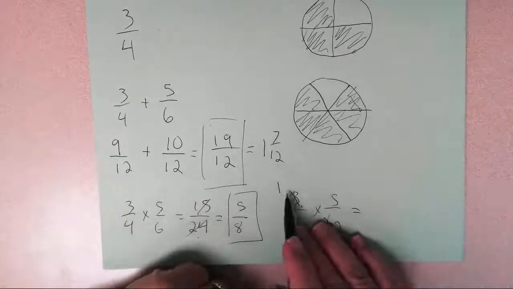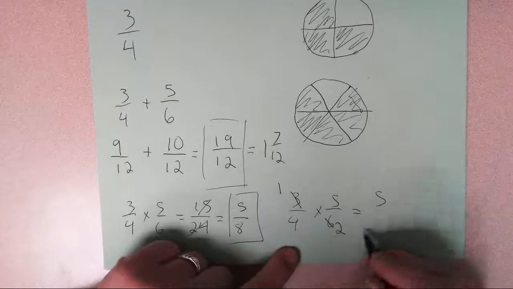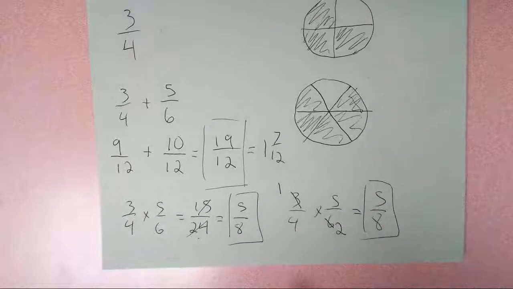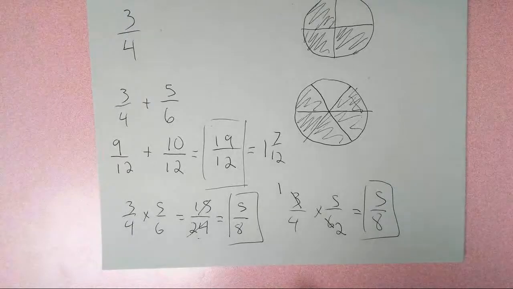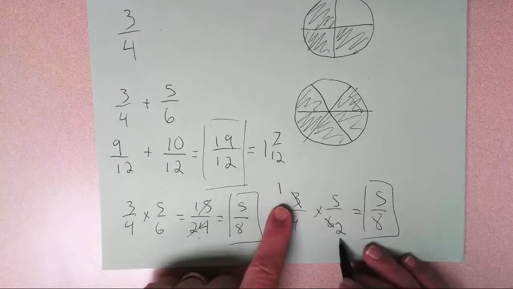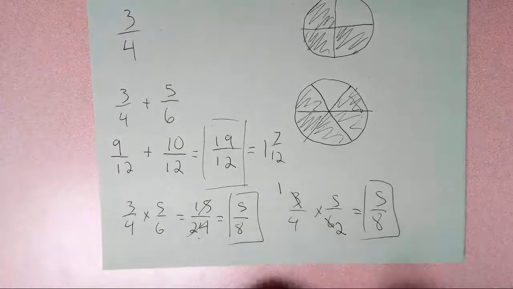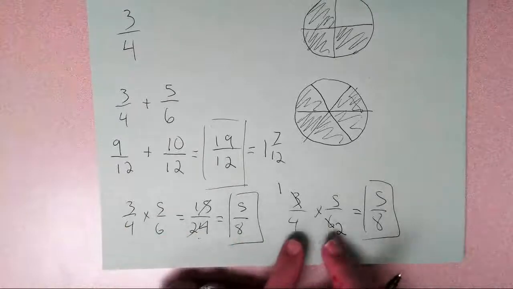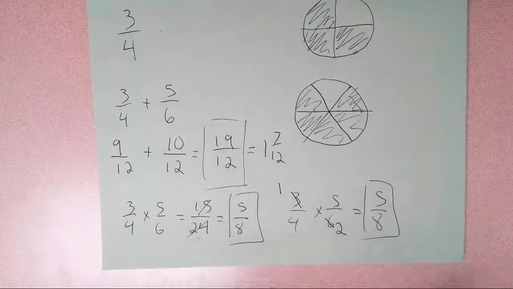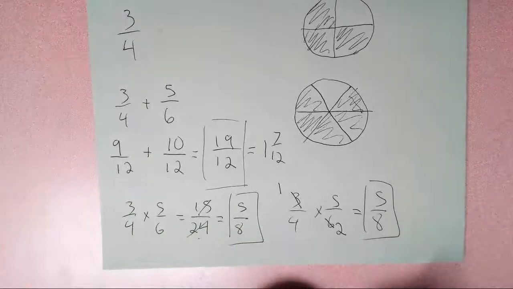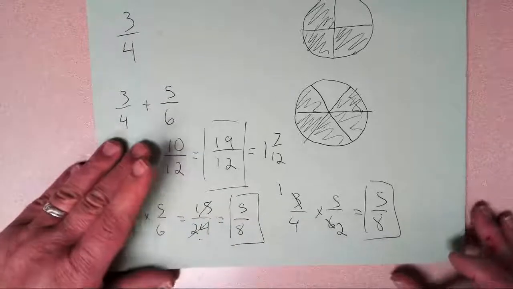Now I just multiply numerator and denominator, and I would get 5/8. In this case, by reducing it beforehand, it saves you from having to reduce it at the end. It also saves you from having to multiply bigger numbers. These numbers are a lot smaller and usually easier to multiply. So canceling out before multiplying is often very helpful.